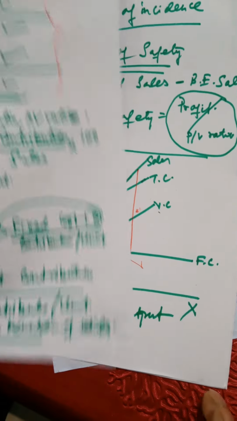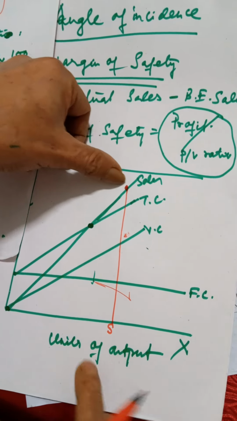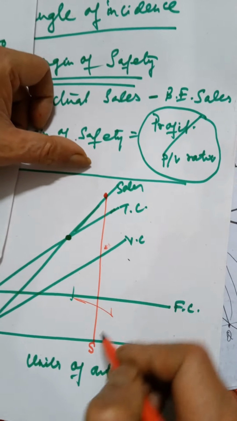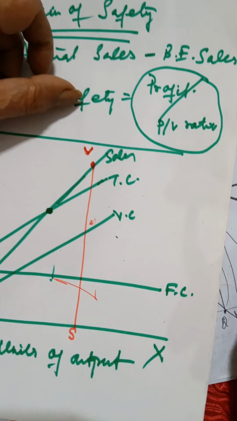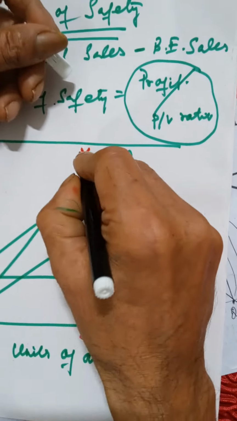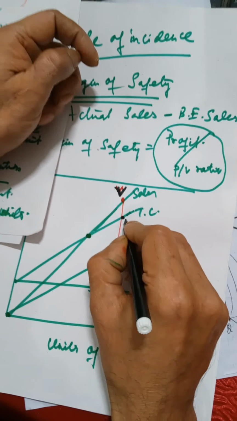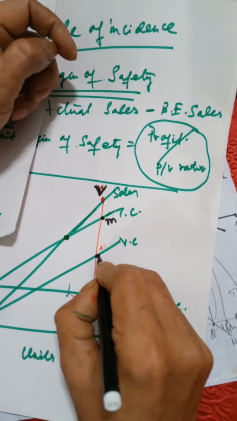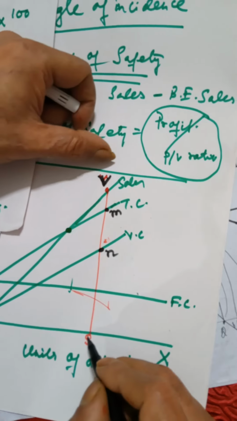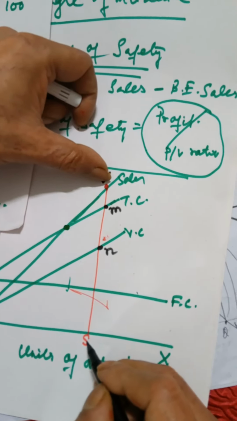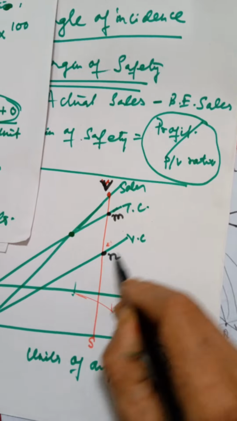Now look at this diagram. This much is sales. Say this is point S. No, point S is already used. Let it be point V. Let it be point M. Let it be point N. So SV is total sales and SN is the variable cost, because this is the variable cost line.